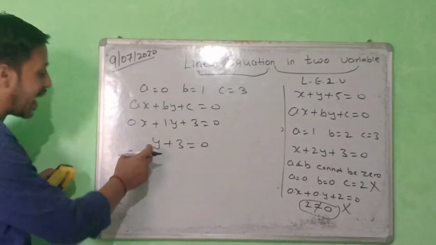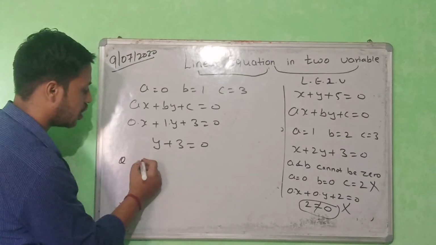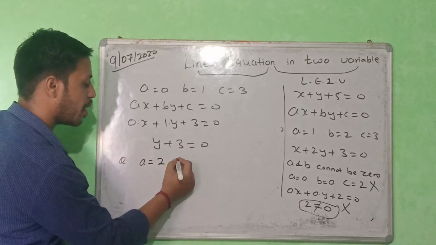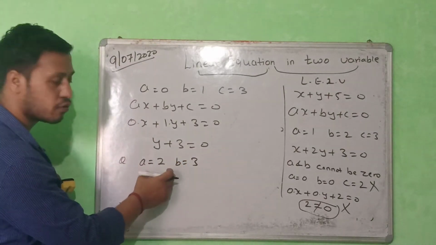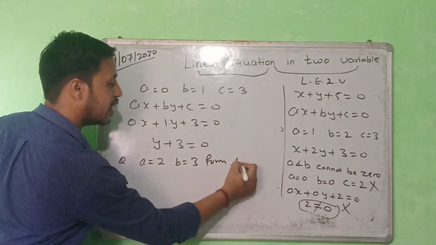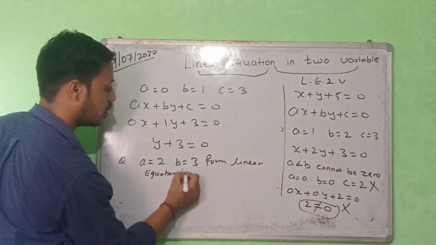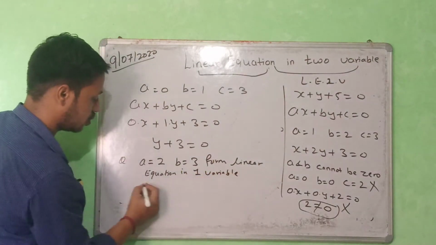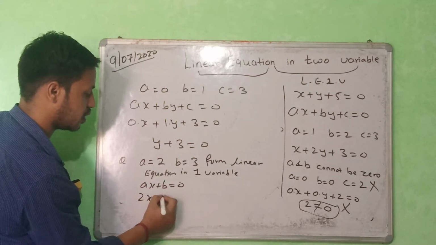If I give you a question that a equals 2 and b equals 3, you have to form a linear equation in one variable. So you will write the general equation ax plus b equals 0: 2x plus 3 equals 0.